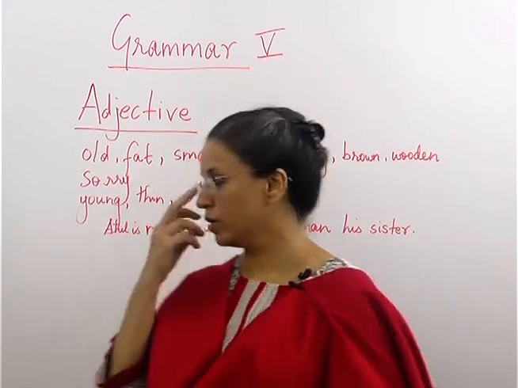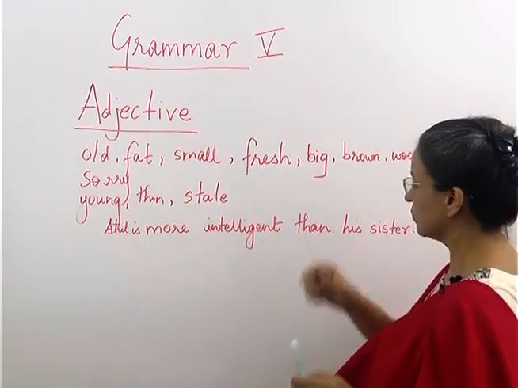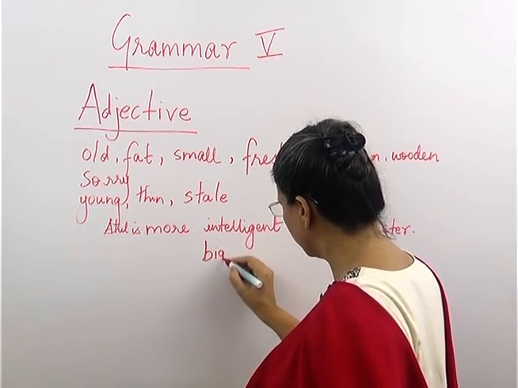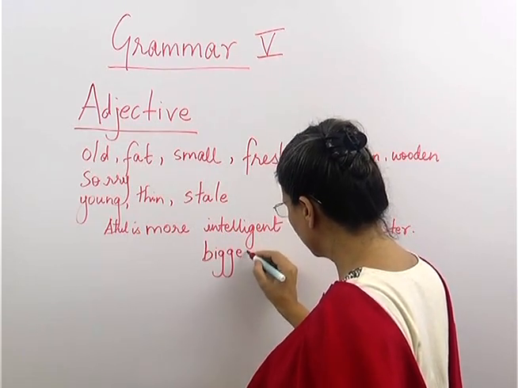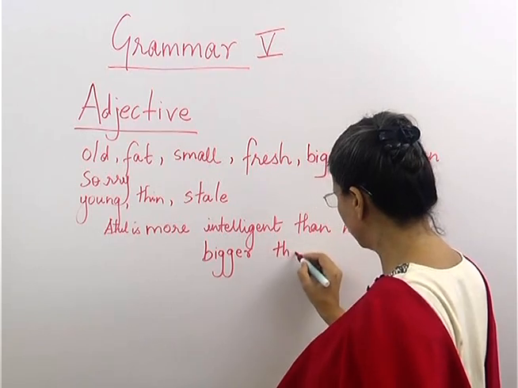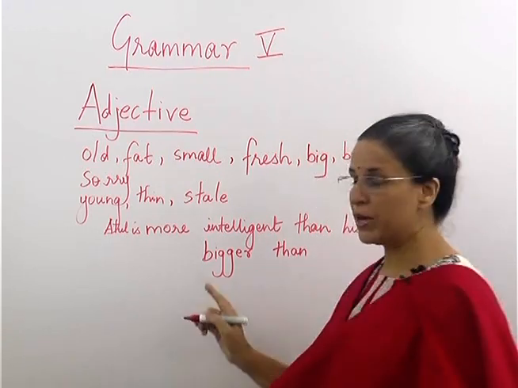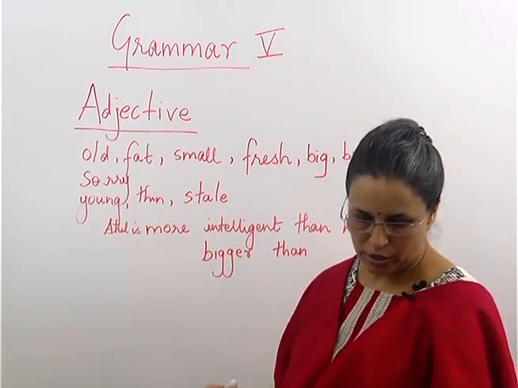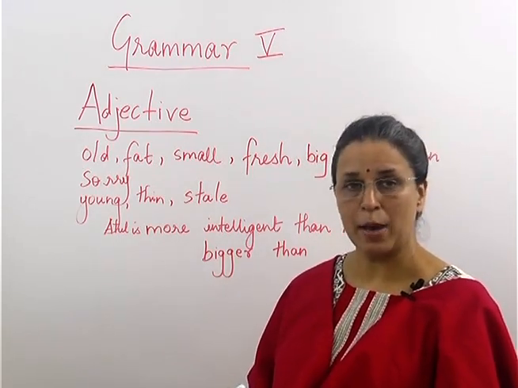Now be careful over here. For big, you will have to write bigger than. Bigger, the G becomes double G. Or here they have given happy will become happier.